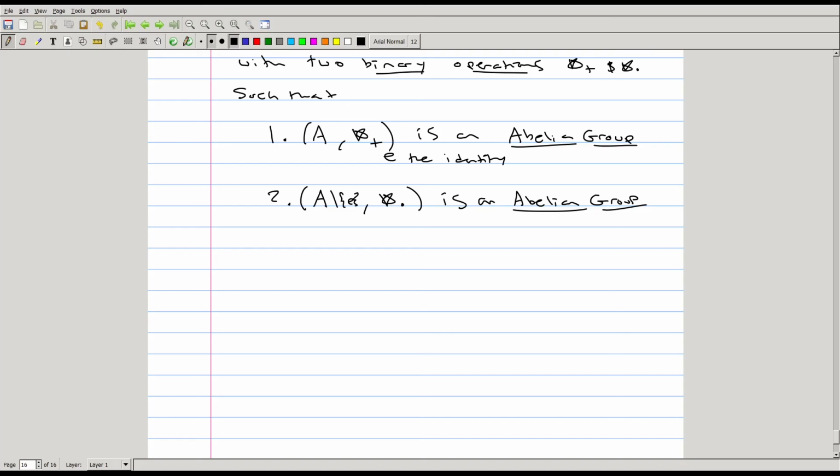Then we can find an alternative element such that the element A multiplied by the inverse element is equal to the multiplicative identity from this group right here. And lastly, because it's abelian, it has to be commutative under this multiplication.